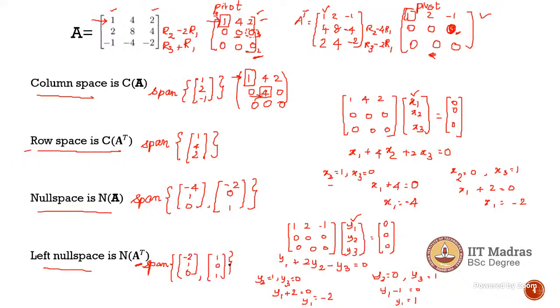So this is the left null space of the matrix. I hope the fundamental spaces are clear. Ma'am, if there is only one free variable, then also we have to put x equal to 0 and x equal to 1, right? Yeah, when there is only one free variable, you will have only one selection. Yes.